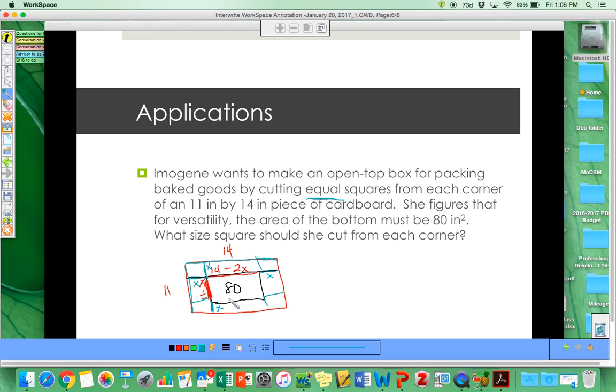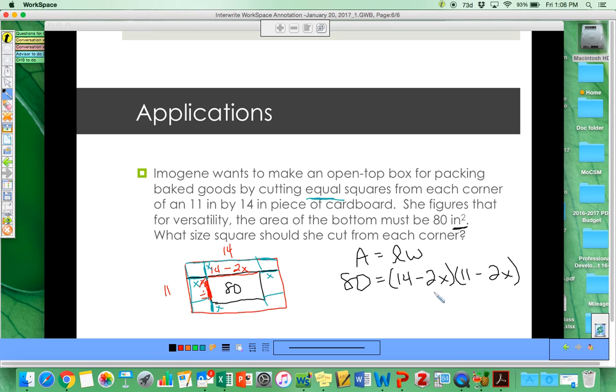So really all we're working with is this inner rectangle. And it's talking about area because I have square measure. So area of a rectangle is length times width. The area is 80, the length is 14 minus 2x, the width is 11 minus 2x, and so then we'd need to solve that for x.